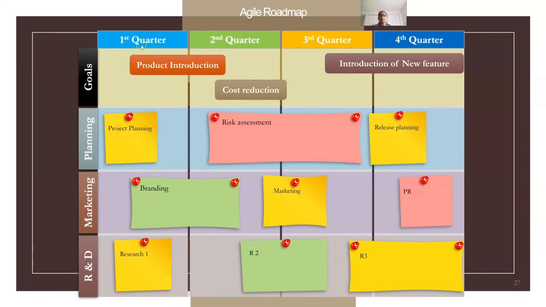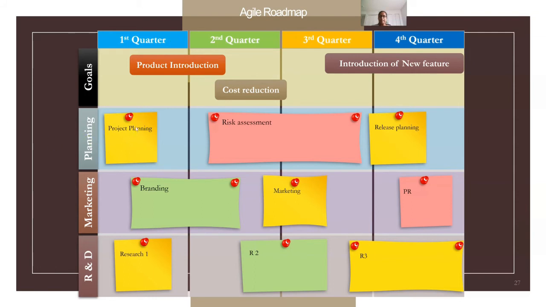In an organization, if the project delivery is divided into 4 quarters, from first to fourth, what are the different phases and what could be the possible functionality or work done in those particular quarters? The first is the goal. Initially, we will always come up with a goal, which will be set in the first quarter, about product introduction, and how and what has to be done in that particular project.